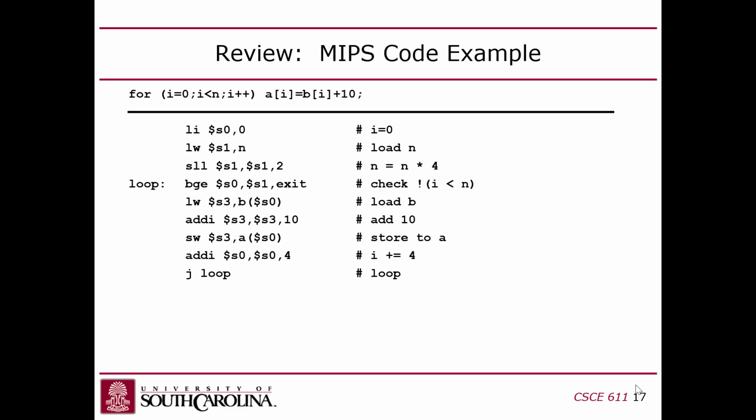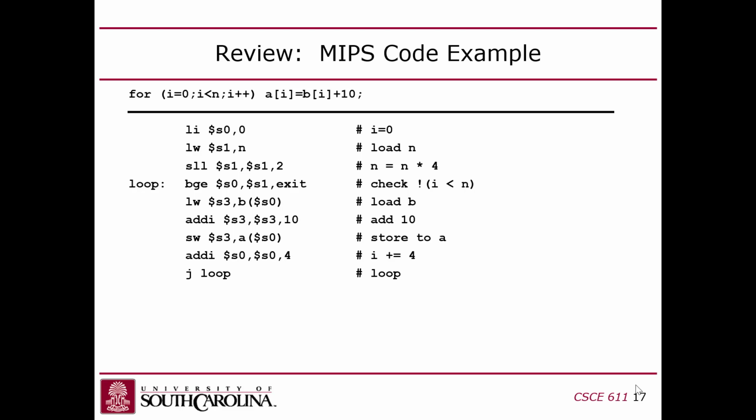You can't. You can do it in assembly, but not in machine code. So these load word and store word instructions would be converted into a sequence of 3 instructions that would initialize register 1 to whatever address A and B are at, and then use register 1 as the base register for the load and store. You guys with me?